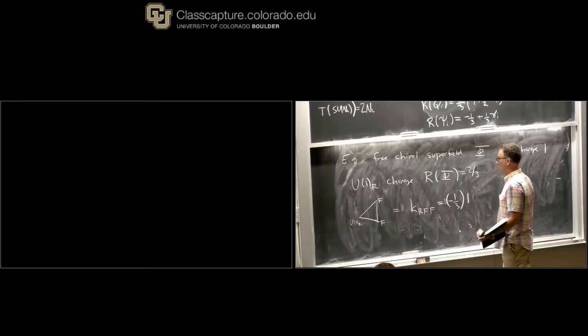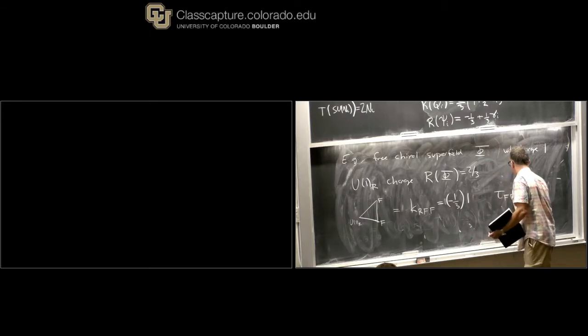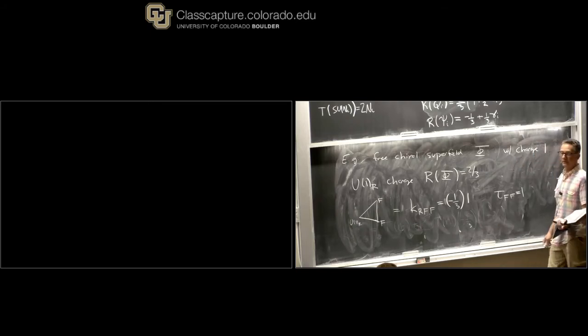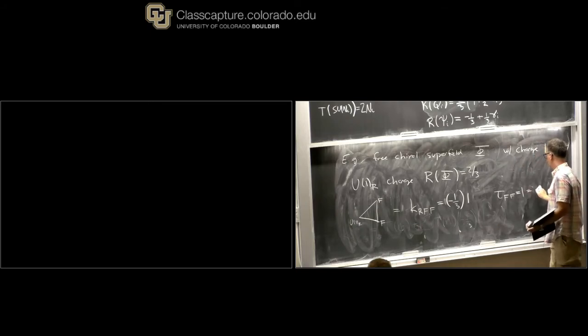And so we get minus 1/3, and I'm normalizing this tau_FF in this case to be 1 in this normalization, and so this is equal to minus 3 K_RFF.